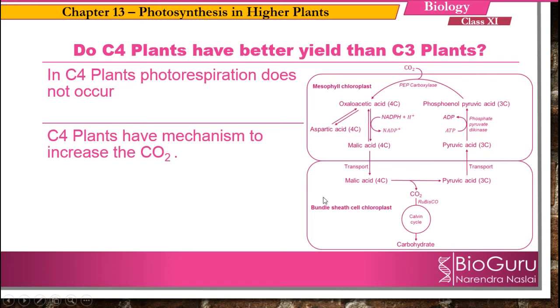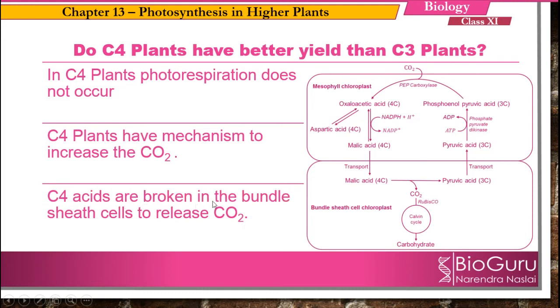So oxygen and carbon dioxide exchange is not going to take place across the bundle sheath cell wall. So this is the mechanism. C4 acids are broken down in the bundle sheath cells to release carbon dioxide.